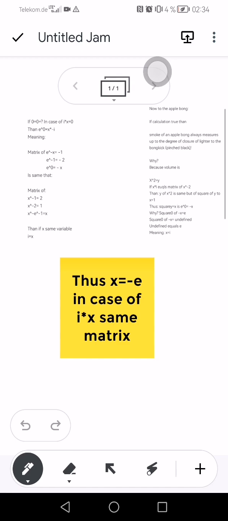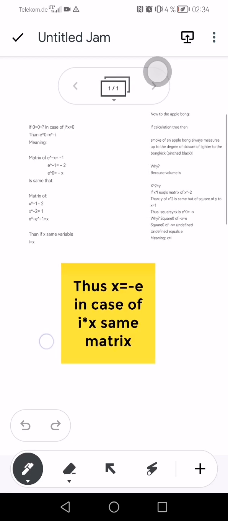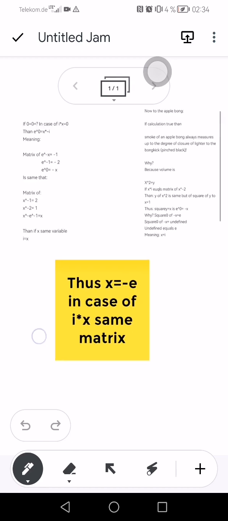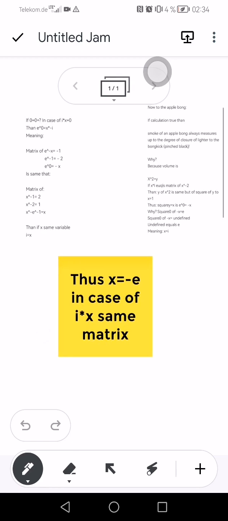And as she already pointed out, thus square of y equals x is e square 0 equals minus x. And that's the third one down below. She pointed out why these are the same, and I pointed out before how they intertwine the matrices.